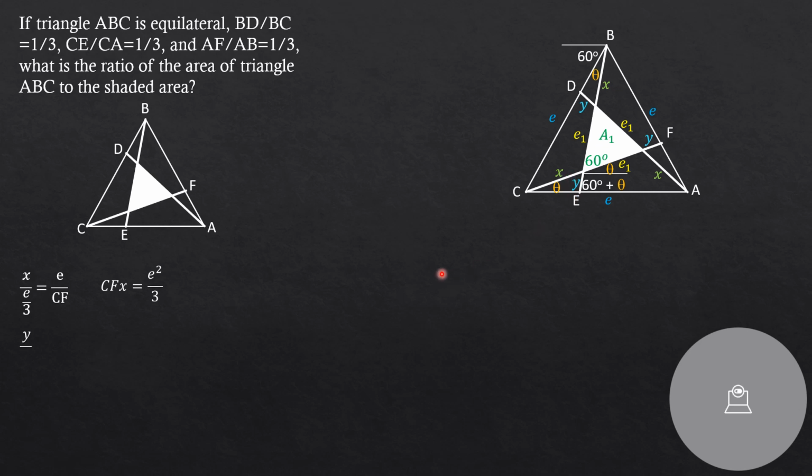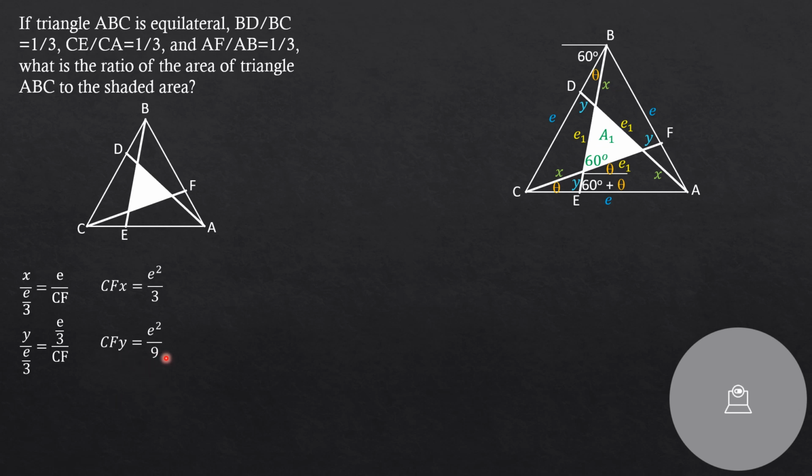So Y as to E over 3 equals E over 3 as to CF. CF times Y therefore is 1 over 9 of E squared.